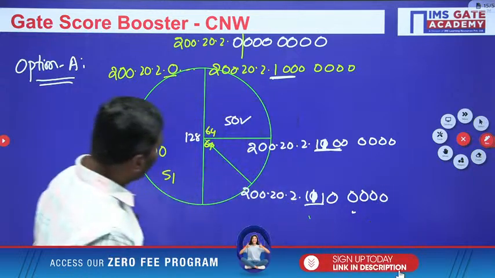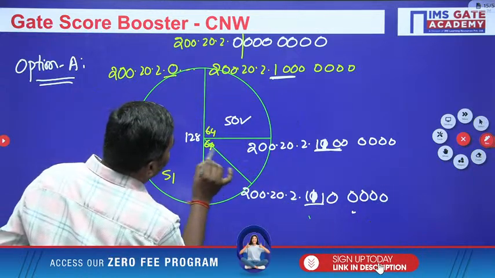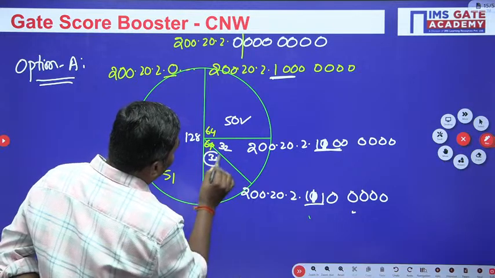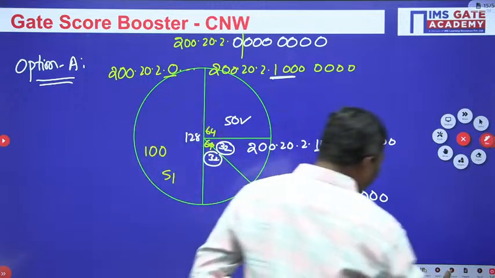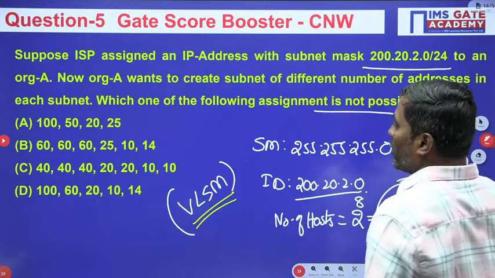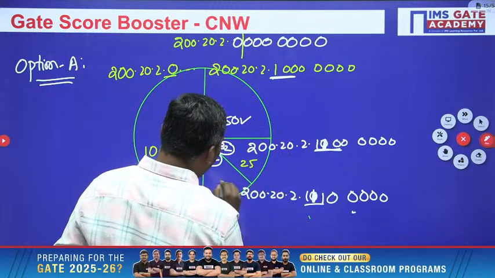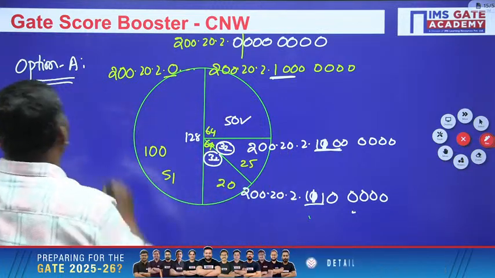Understand now. So the size will be 64 split into 32, theoretically a 32 size will be there. Now what do I need? 20 and 25, correct or not? So I can assign 25, and can I assign 20? Yes. So option A is possible.